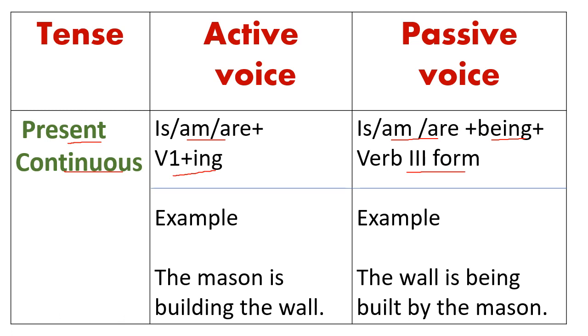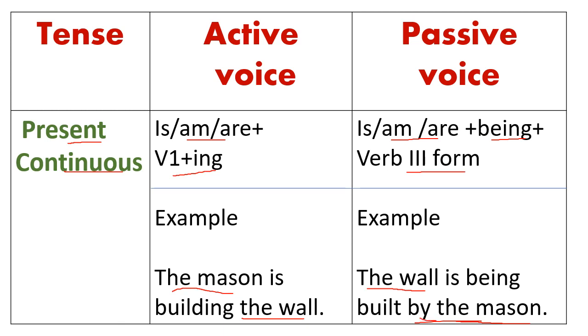The mason is building the wall. Now this is present continuous tense. When I change it into passive voice, first of all the object, the wall, will become the subject in passive voice. And the subject of active voice, the mason, will become the object in passive voice, that is, by the mason. Before the object we will add by.